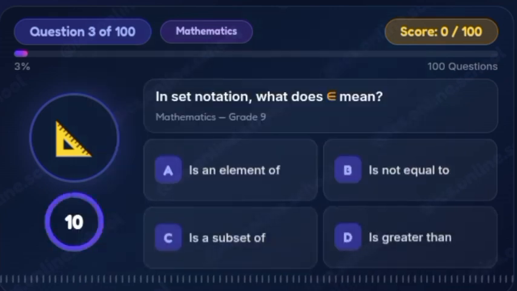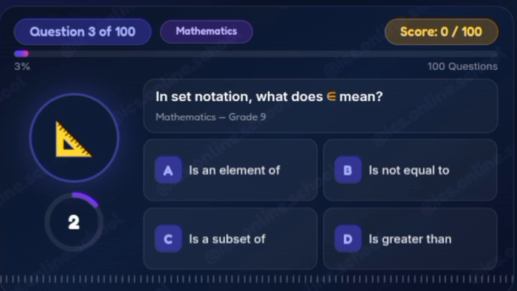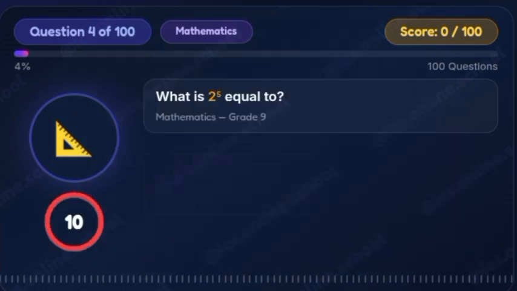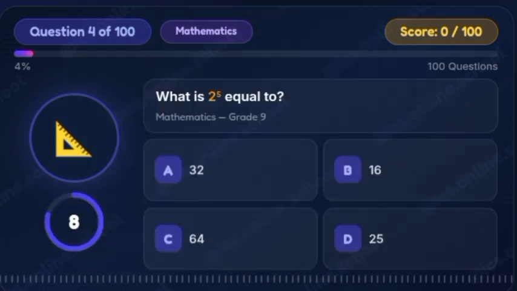In set notation, what does this symbol represent? Is an element of. What is 2 raised to 5 equal to? 2 raised to 5 is equal to 32.